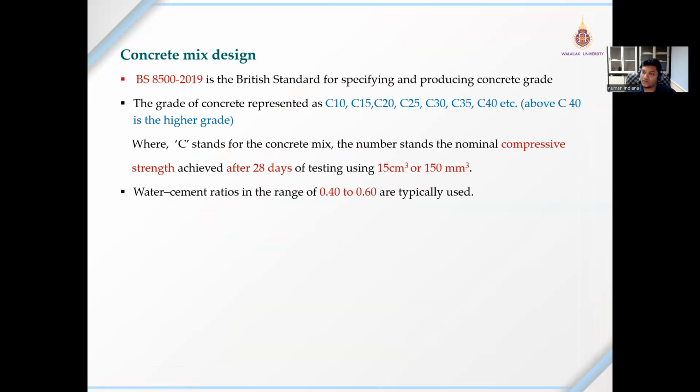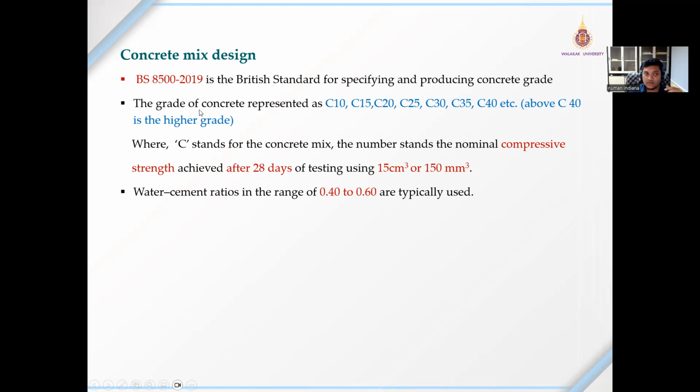Concrete mix design is the design which we do to make the concrete in a proper way, of the specified strength. So this is the code book which we use, British Standard 8500, 2019, the recent code book, which is used to produce the concrete.